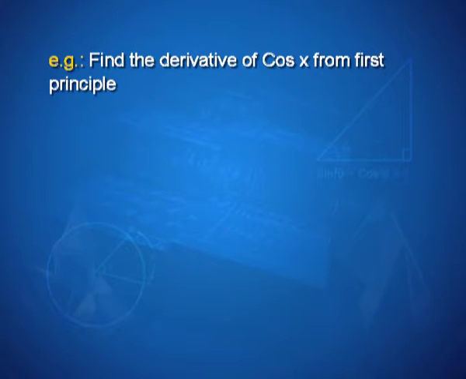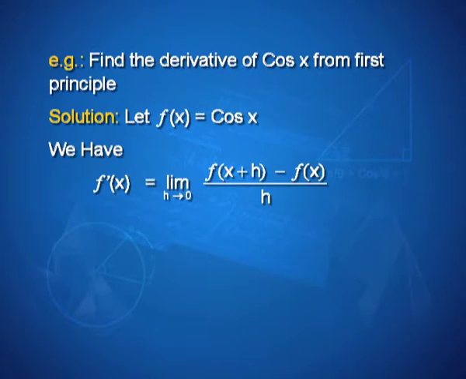Find the derivative of cos x from first principle. For the solution, let f of x is equal to cos x. We have f dash x is equal to limit f of x plus h minus f of x divided by h as h tends to 0.